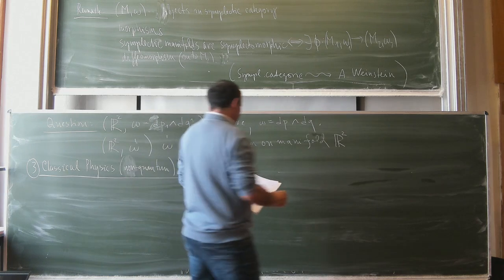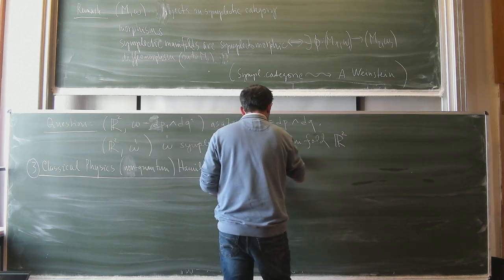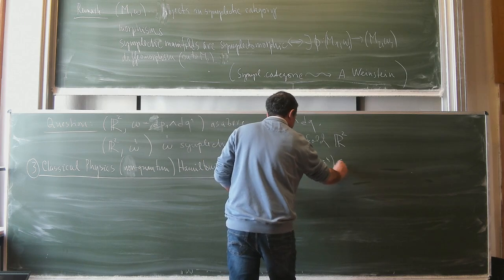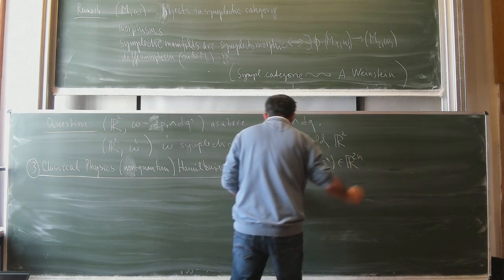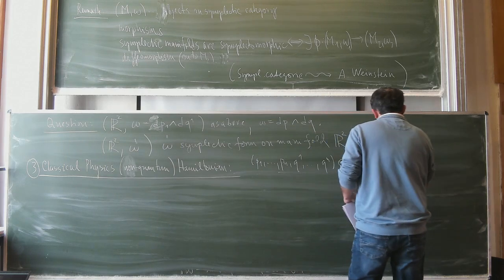So the classical approach is that we have impulses and coordinates written in this traditional way. This is one of the more traditional ways, and we have a Hamiltonian.